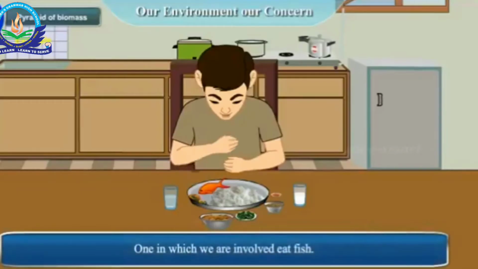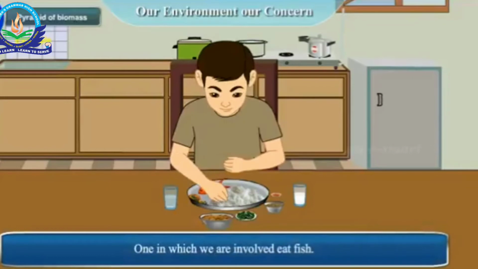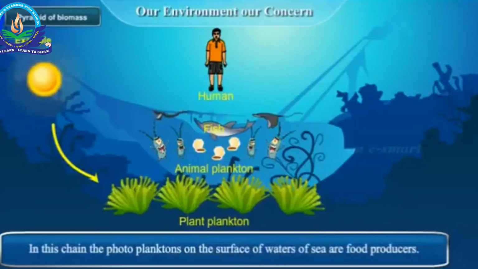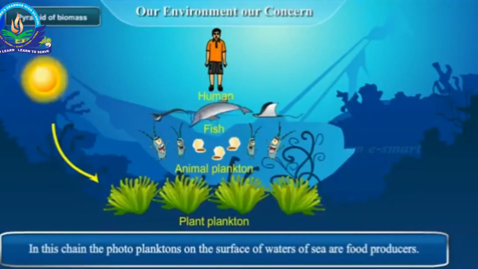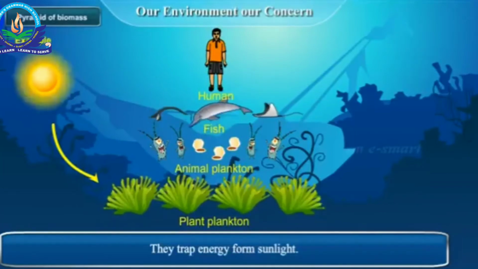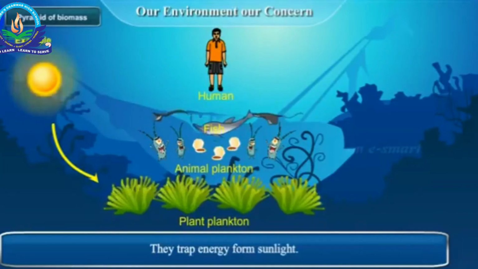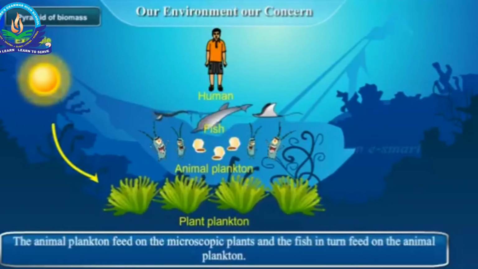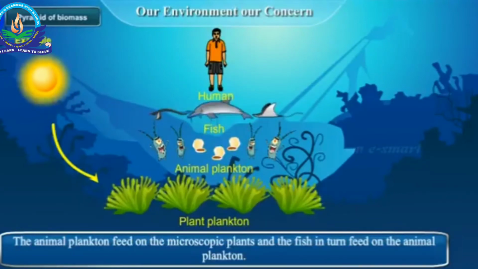Example: one in which we are involved, man eats fish. In this chain, the phytoplanktons on the surface of water or sea are food producers. They trap energy from sunlight. The animal plankton feed on the microscopic plants and the fish in turn feed on the animal plankton.